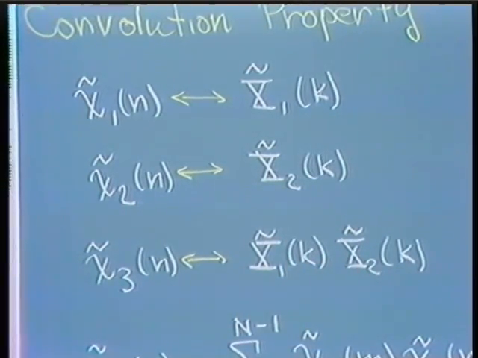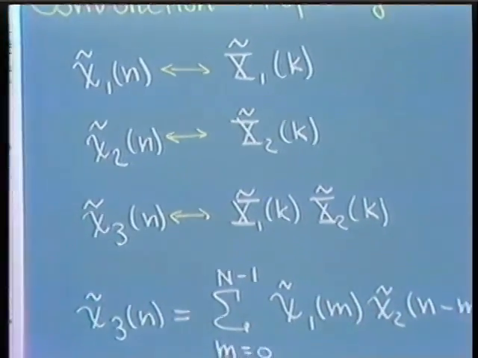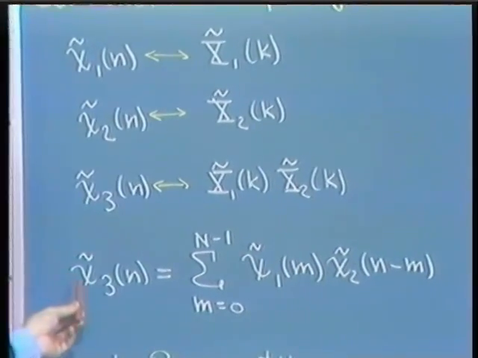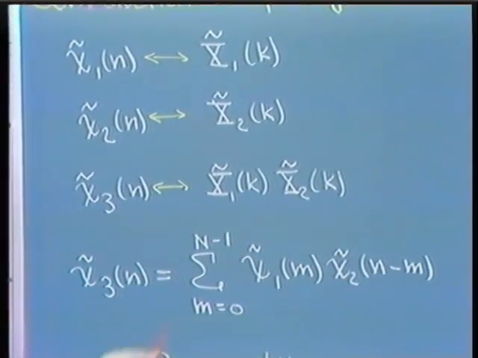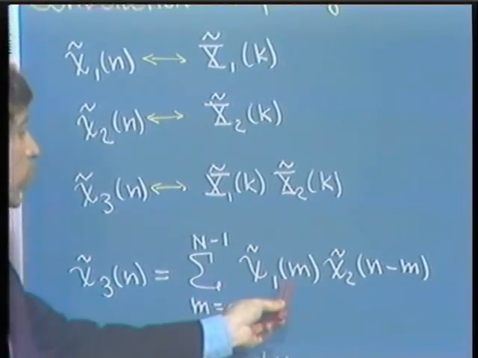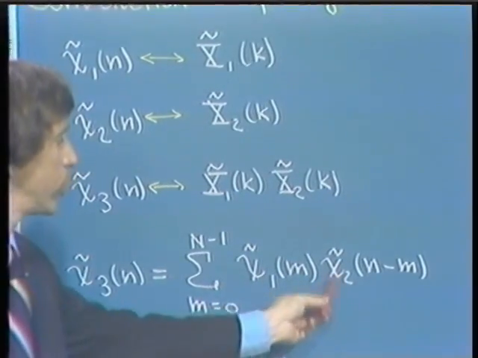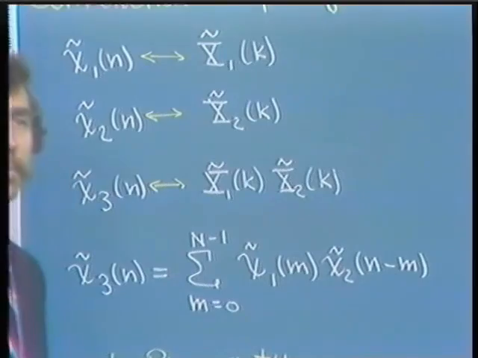In other words, if we multiply the Fourier series coefficients together, what sequence does that correspond to? The answer, which involves just a little bit of algebra to verify, is that the resulting sequence is a sum of x1 tilde of m, x2 tilde of n minus m.